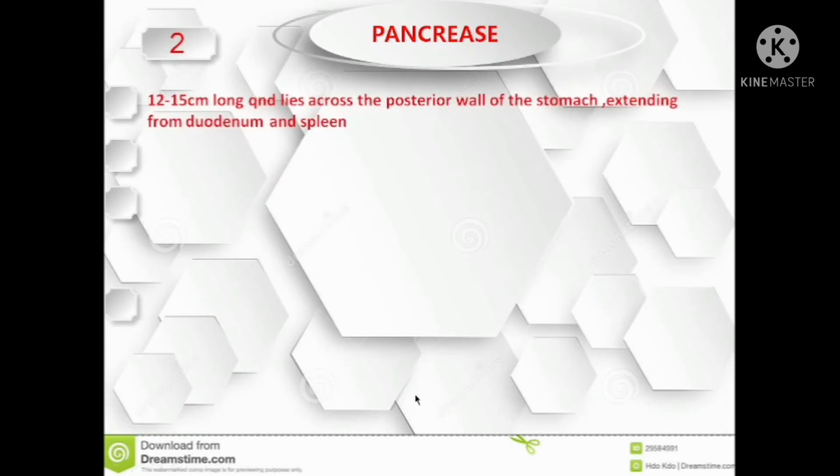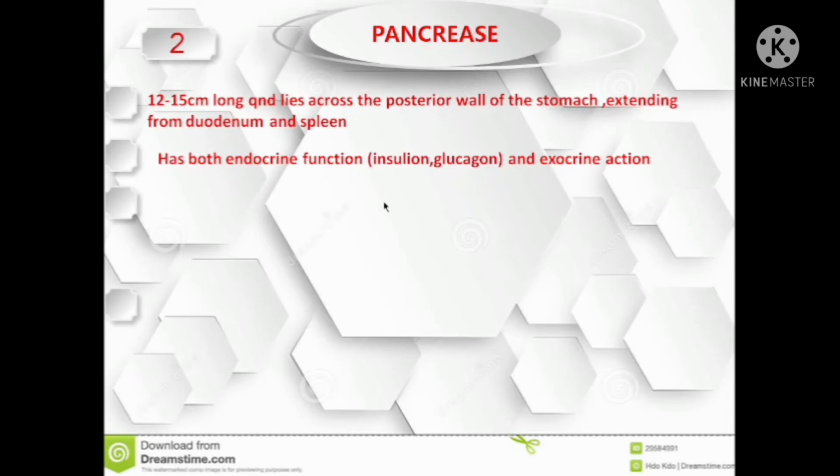Important. The pancreas is about 12 to 15 centimeters long and lies across the posterior wall of the stomach. It extends from the duodenum to the spleen, okay? Now the pancreas has an endocrine function. Endocrine function is insulin. The pancreas helps in the production of insulin, okay?